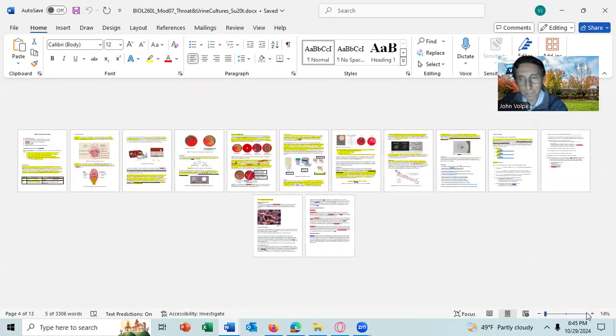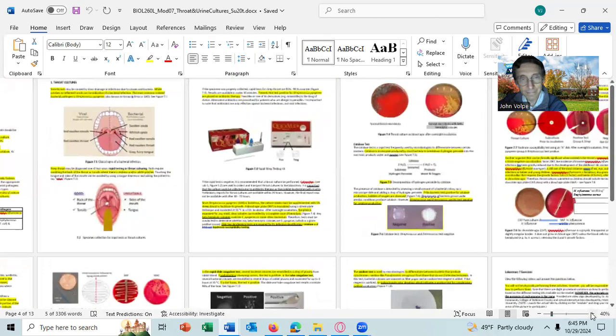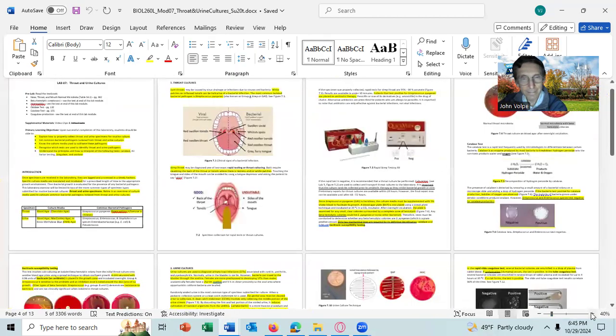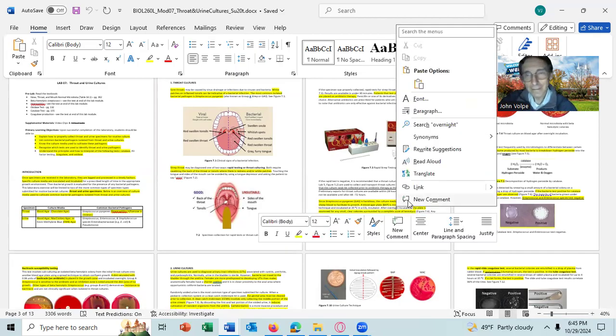Whoops, that's too small. I have to shut this down again. I don't know what I did.